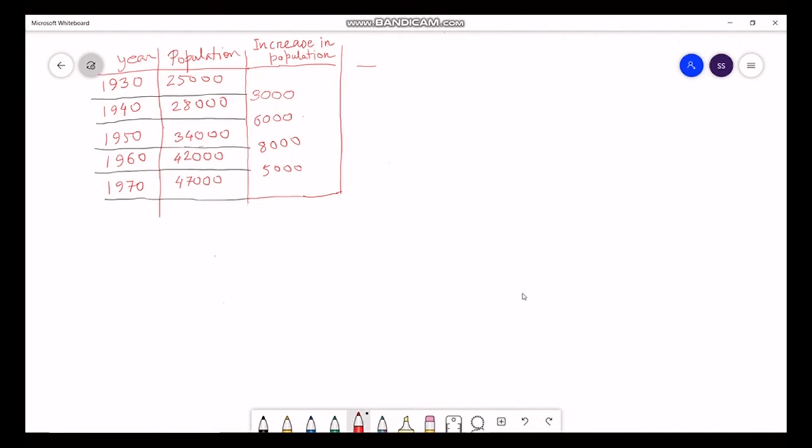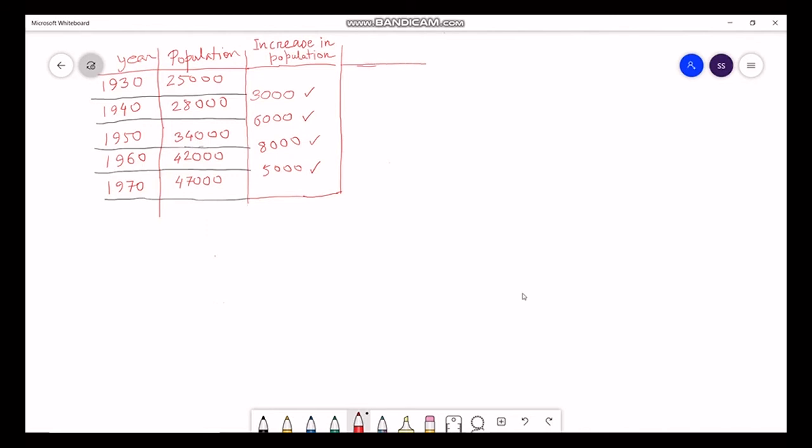Between 1930 and 1940, the increase in population was 3000, and between 1940 and 1950 the increase was 6000, and between 1950 and 1960 the population increase was 8000, and the population increase between 1960 and 1970 was 5000. So further we move to the calculation.